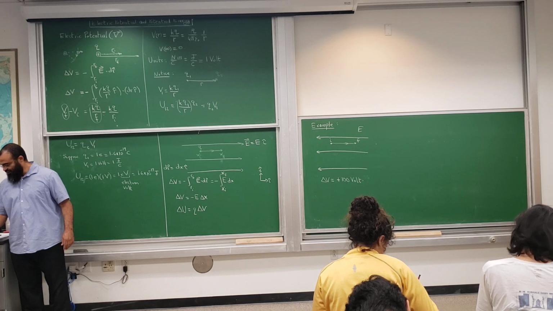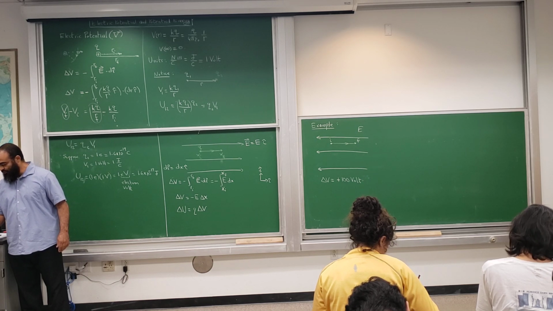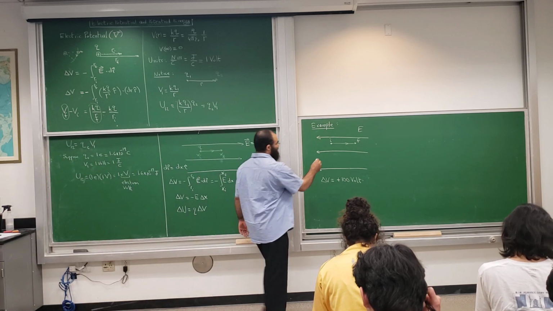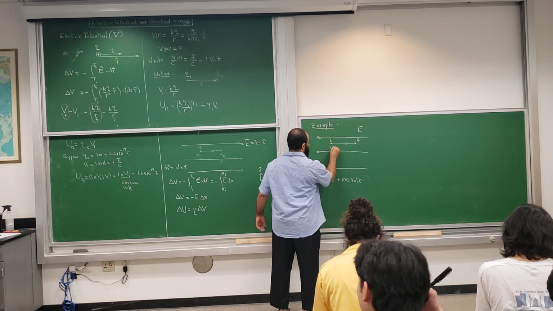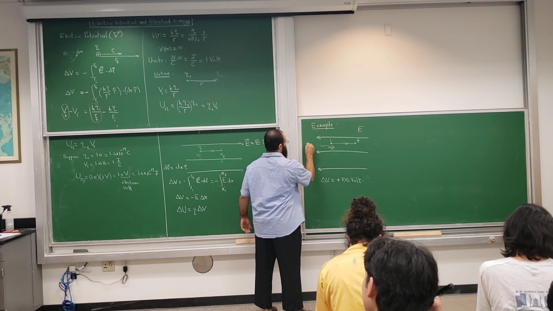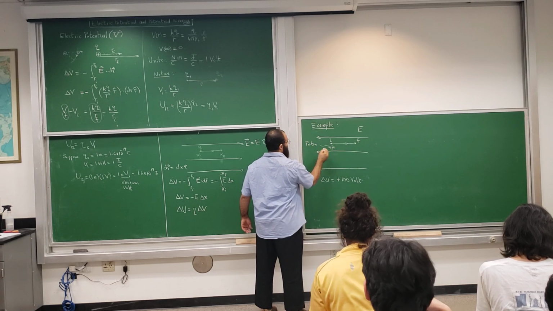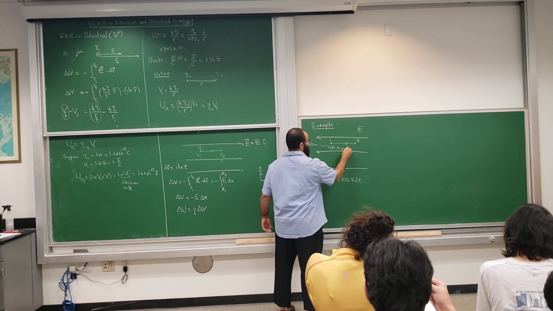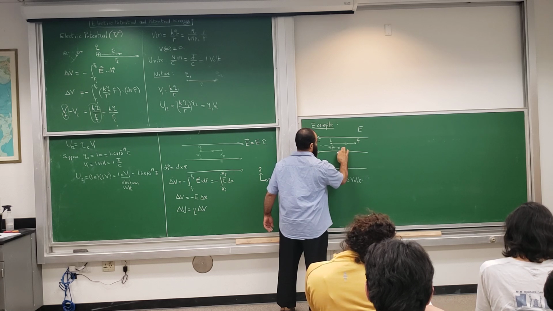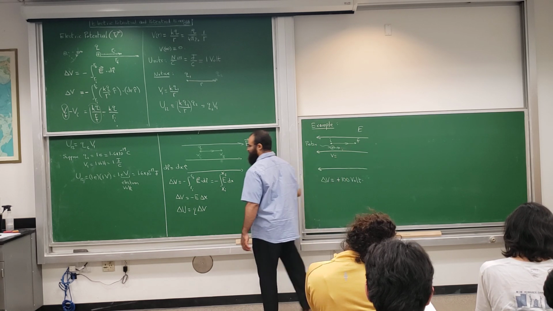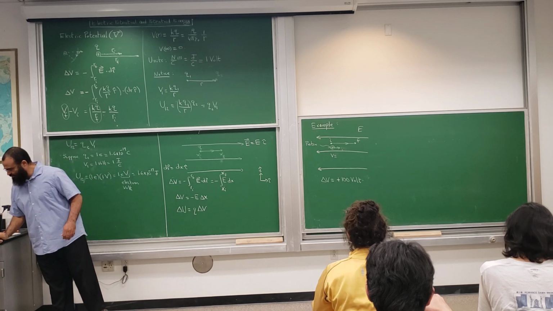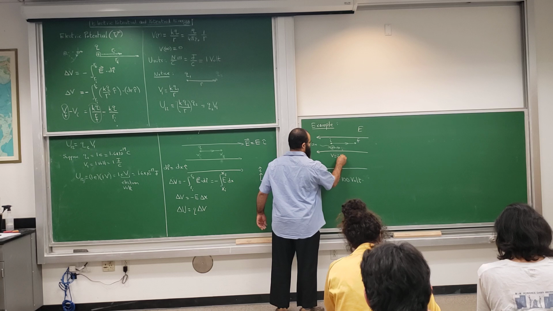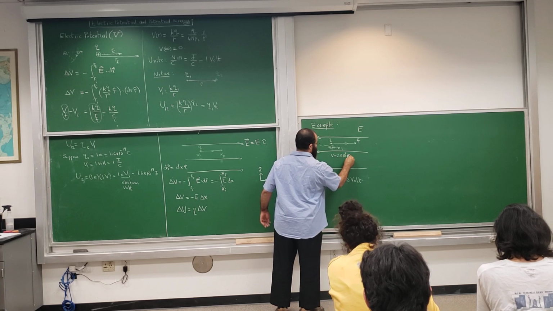Let's say we have a proton at that point, which is positive, moving at a certain speed, V equals 2 times 10 to the 5 meters per second.